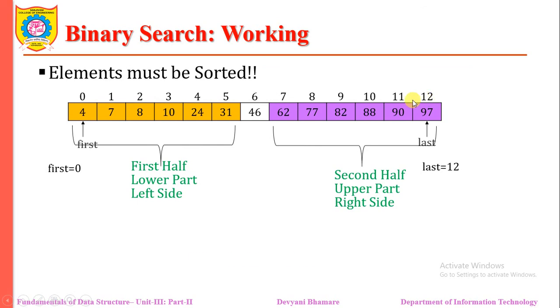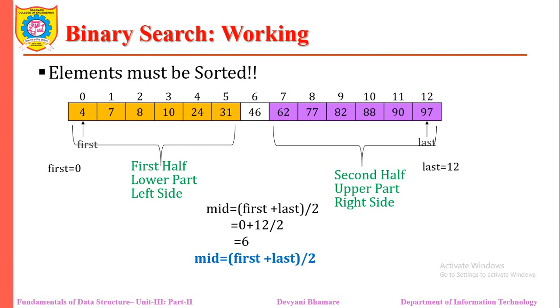How do we compute the mid? Initially first points to the 0th element and last points to the last element, that means n minus 1, and then we get that the mid is 6. So the mid divides the list into the first half part and the second half part.